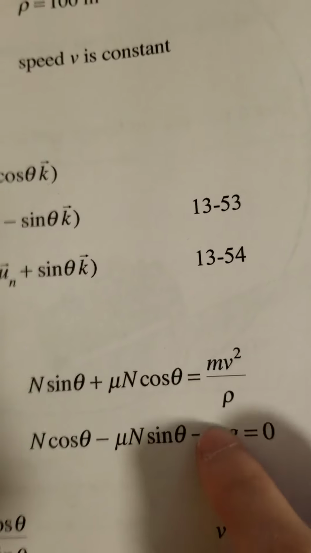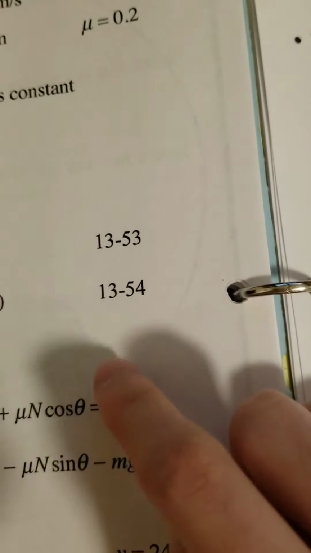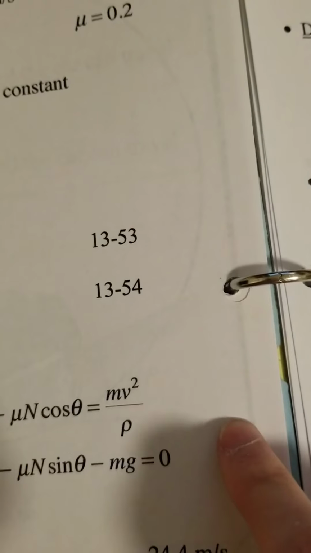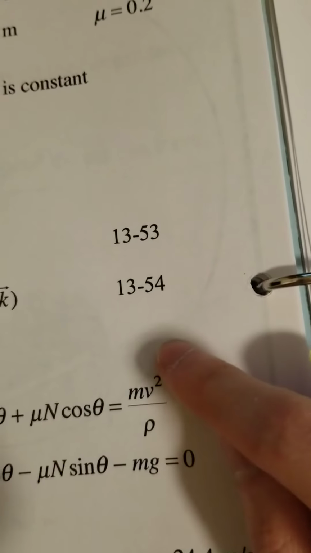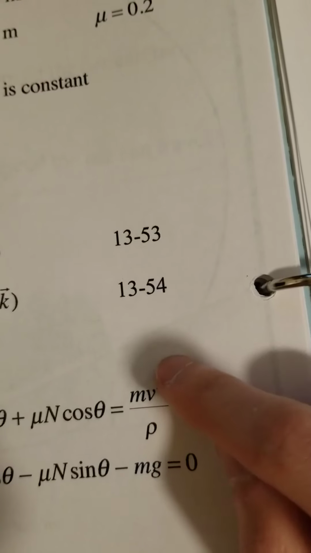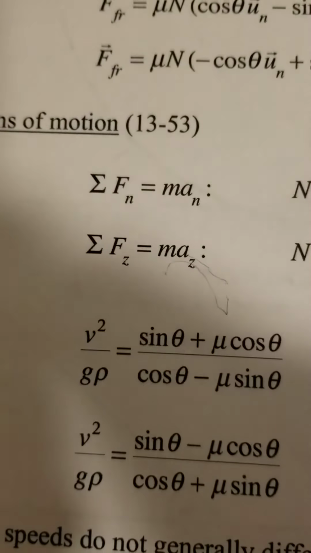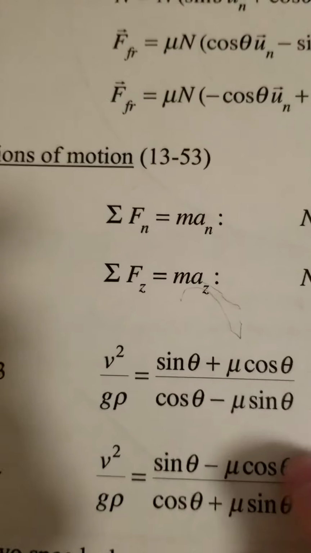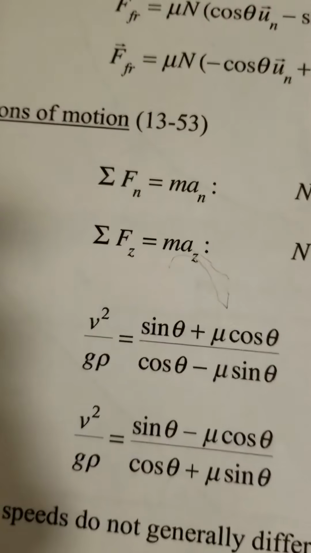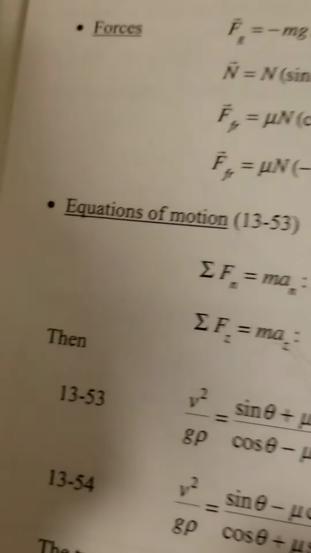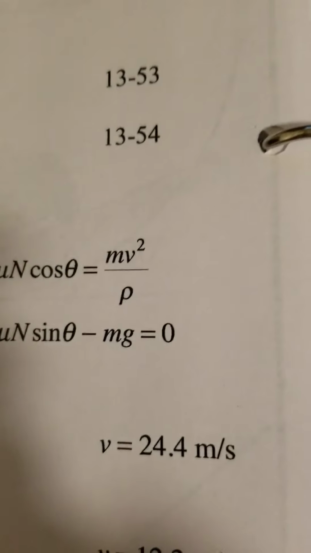And if you move this to the other side and divide this with this, so pretend this is on the other side, this divided by this will be v squared over rho g. So that gets you to here. Ignore the second one, this is not important. So if you plug in values, you get 24.4.